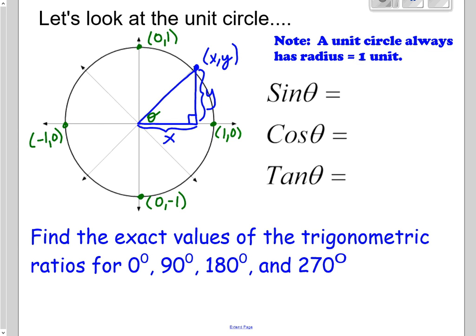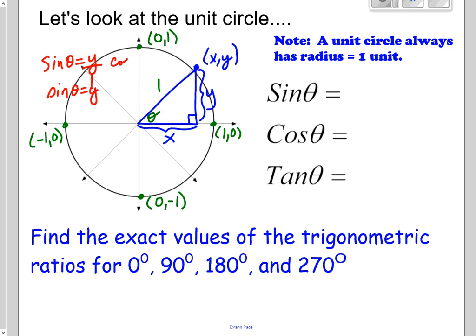If I put in theta in here, and I know my hypotenuse is 1 because it's a unit circle, then if I wanted to find sine theta, sine theta is equal to my opposite side, which is y, over my hypotenuse, which is 1, which means that sine theta is equal to y, whatever my y coordinate is.